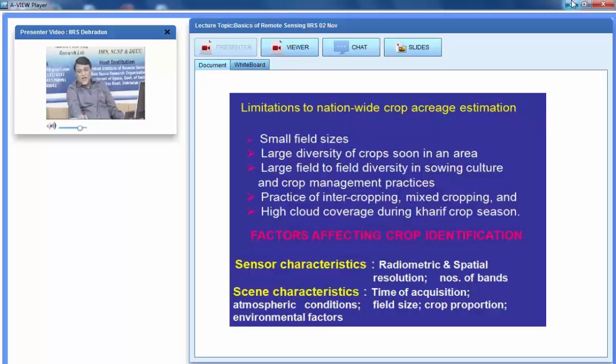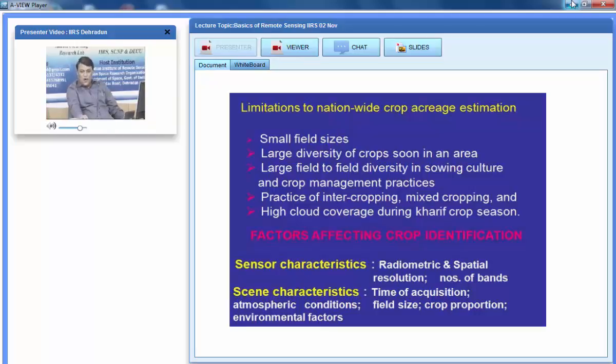It is a very small, systematic row arrangement, but it is still difficult with the available spatial resolution and multispectral resolution satellite data.